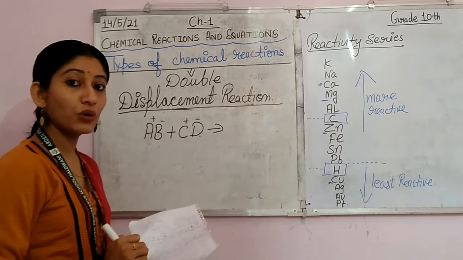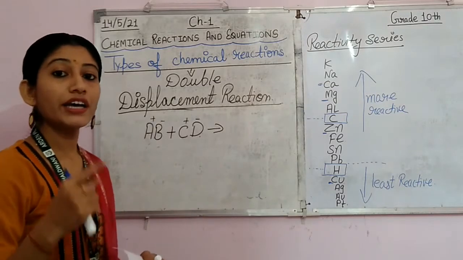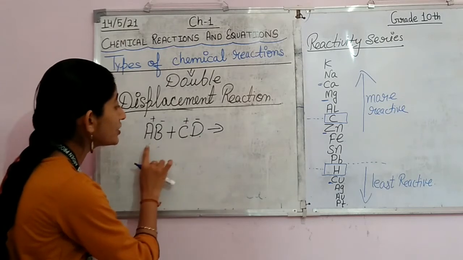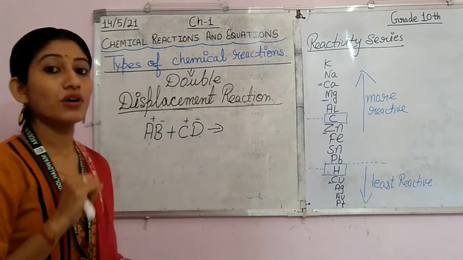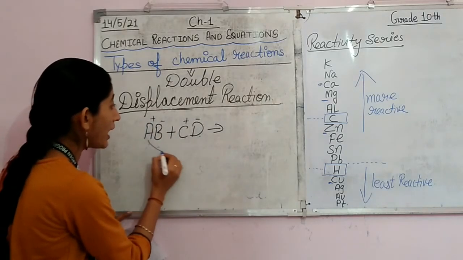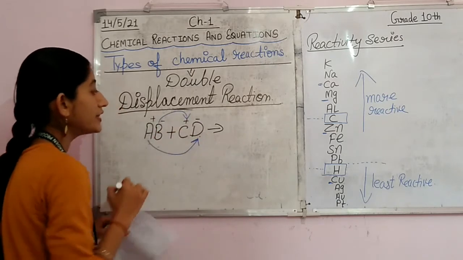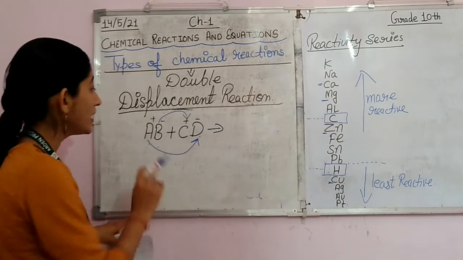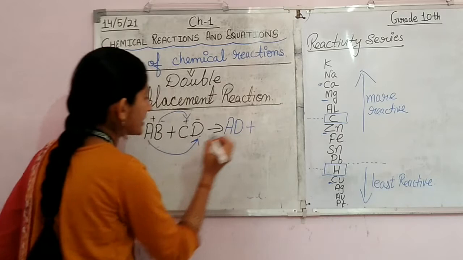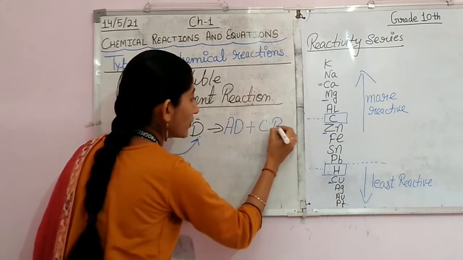Now what do you think how this double displacement will take place? It is so simple here. I told you that both exchange their ions mutually. So how will they exchange? See, this A will combine with this D and this B will combine with this C, and the products will form like AD plus CB.